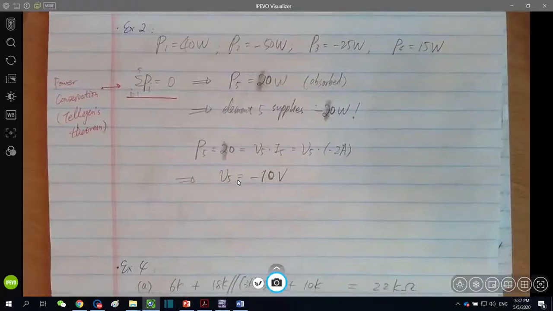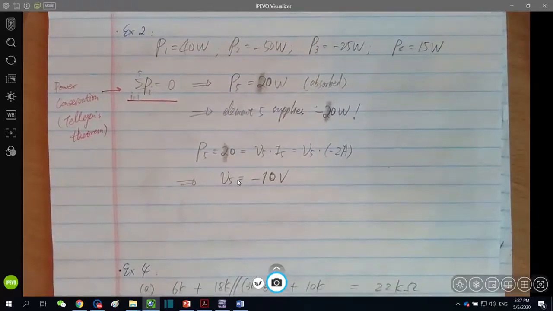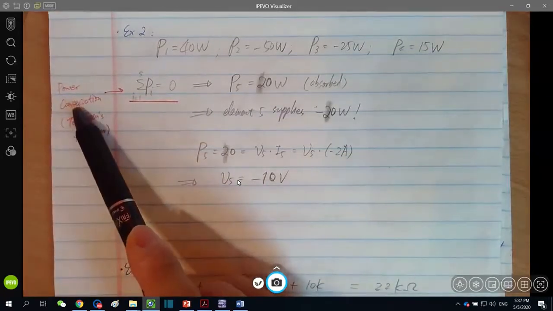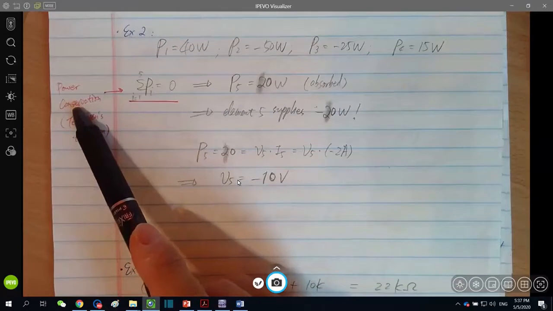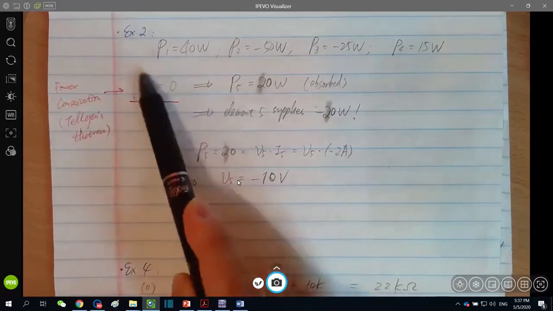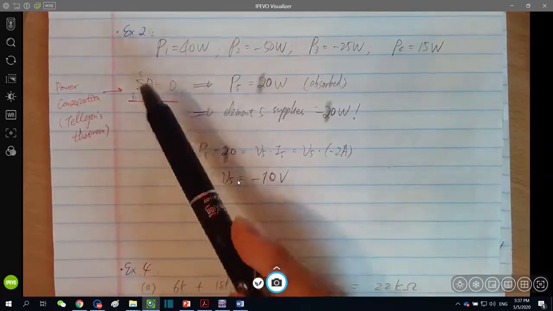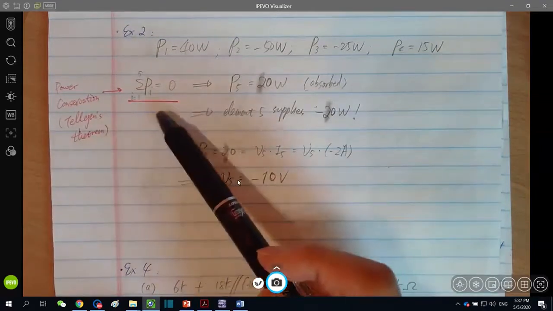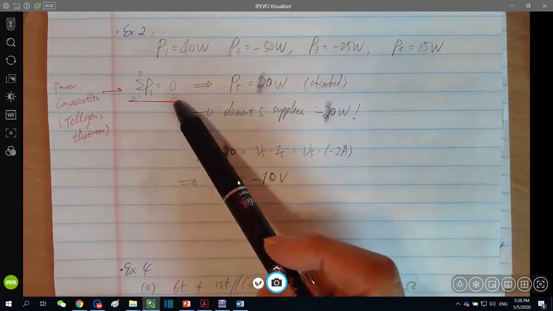Obviously, by reading the problem, you need to first understand this is an example of so-called power conservation. Now, what does it mean by power conservation? It means the total power in the network, in a complete network, should be 0. How to think about this?